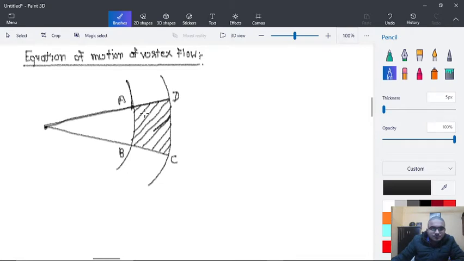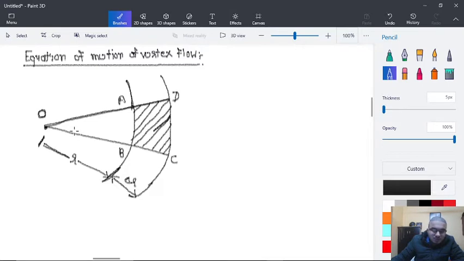So we will be focusing on the fluid element A, B, C, D. It is rotating about a center O. It is at radius r, and the radial thickness here is delta r.